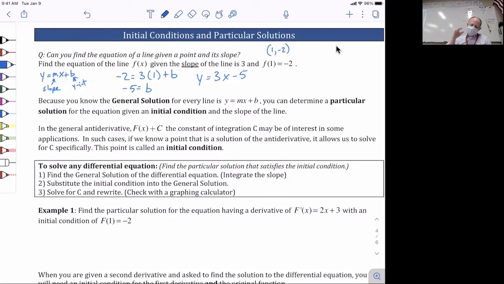All right. So because we know the general solution for every line is y equals mx plus b, we can determine a particular solution for the equation given an initial condition and the slope of the line.